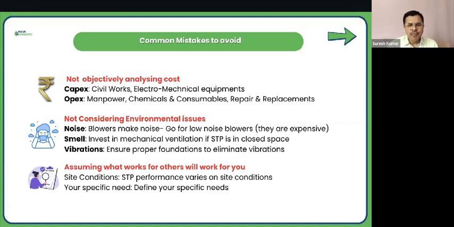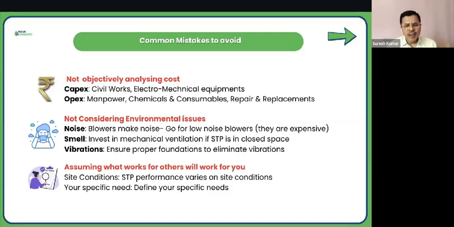And why does smell come? If the STP is in an open area, the smell problem is not there. If the STP is in a closed area, there is a smell problem. That means there is no ventilation. If you are keeping it in a closed area, it lacks ventilation. So you need to put up a properly designed mechanical ventilation system. Again, mechanical ventilation is expensive in terms of capital cost as well as operating cost.